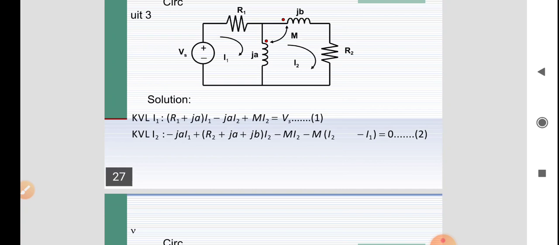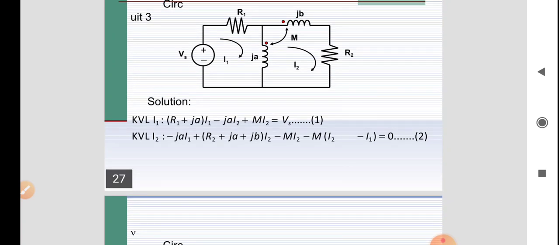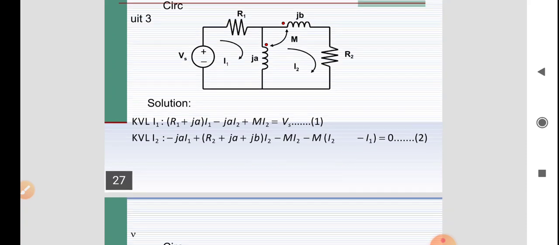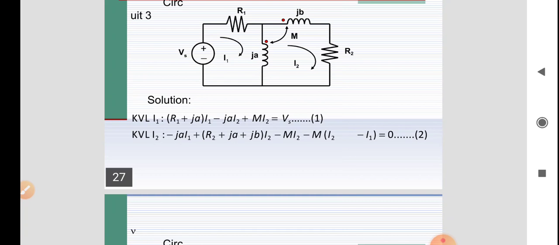Now in the second loop, as we have two dots, we need to write two mutual inductance terms. If I write the mutual inductance for the dot near Ja, the reference current is I2. Here the I2 current is flowing from coil to dot, but in the other it is flowing from dot to coil, as both are in the opposite.